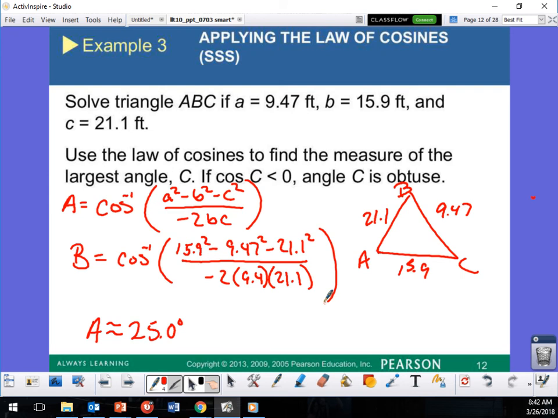You forgot the 7 on the bottom, the denominator. You're right, 9.47. 45.